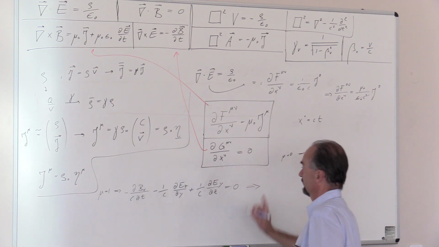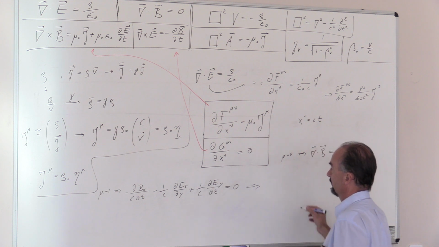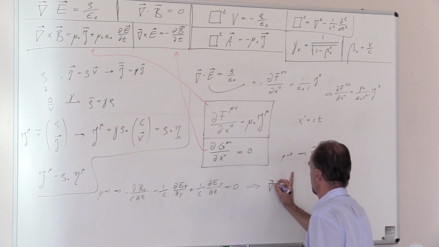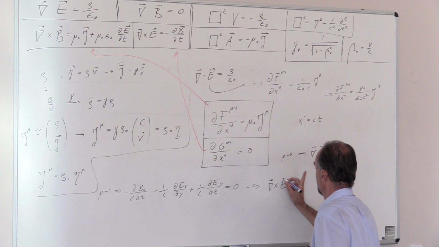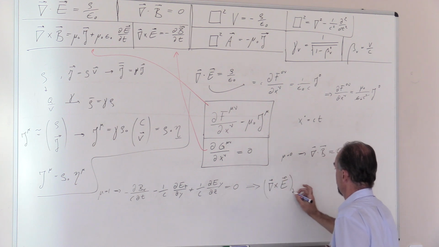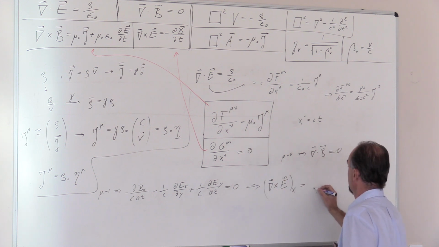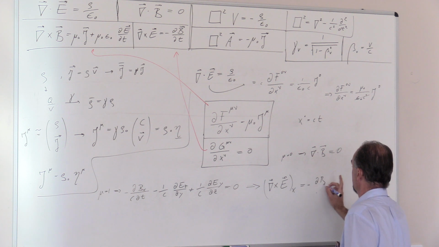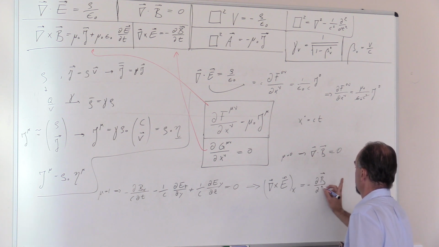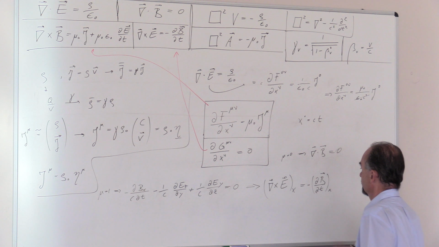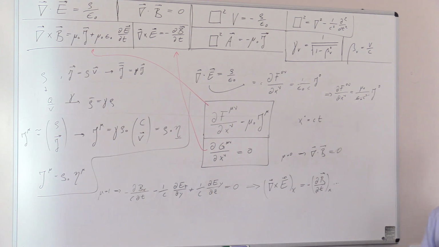And you see that this curl x component equals minus dB over dt. And you can do the other components in exactly the same way.